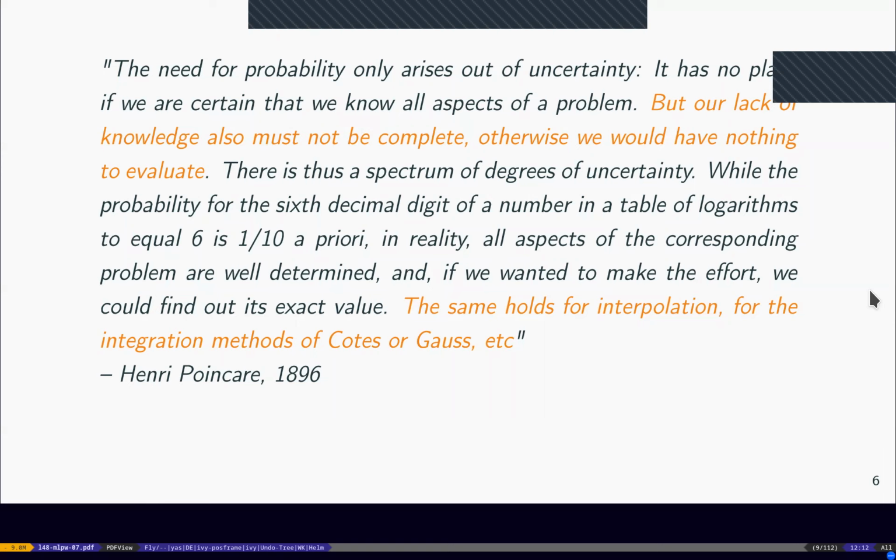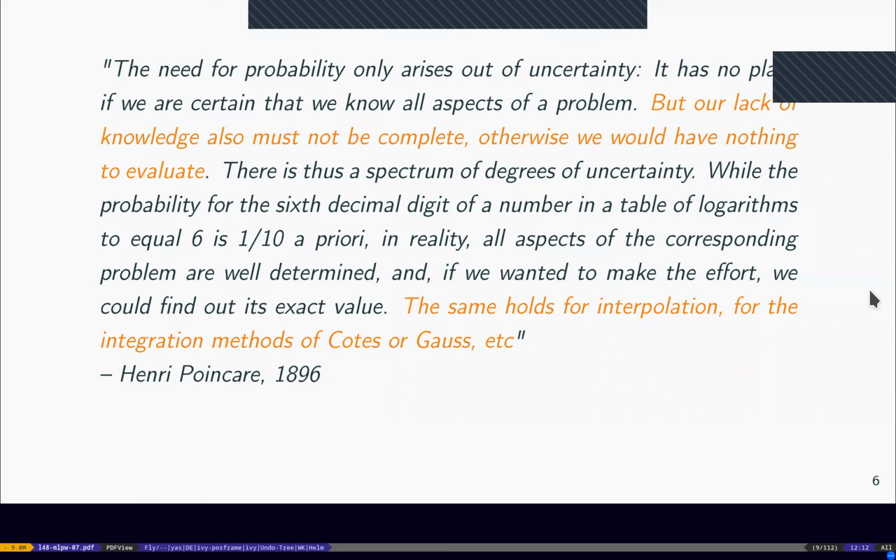There's thus a spectrum of degrees of uncertainty. While the probability for the 6th decimal digit of a number in a table of logarithms to equal 6 is 1/10 a priori, in reality, all aspects of the corresponding problem are well determined. And if we wanted to make the effort, we could find out its exact value.